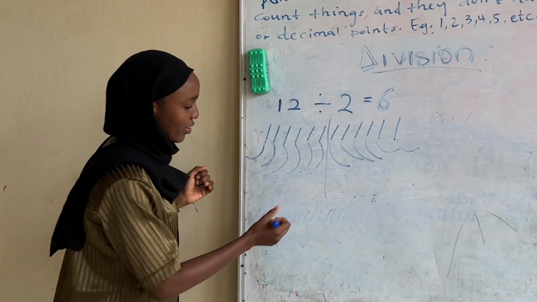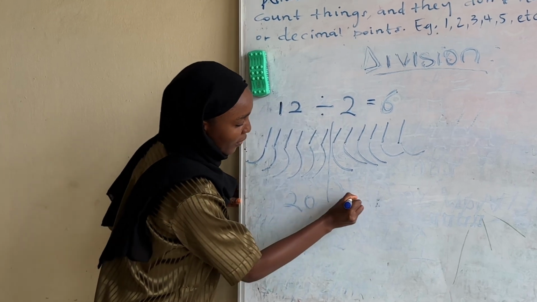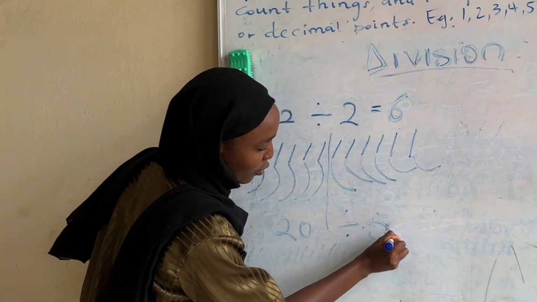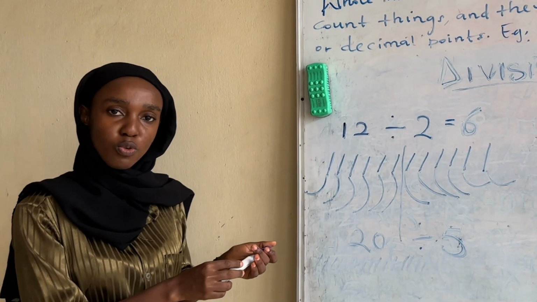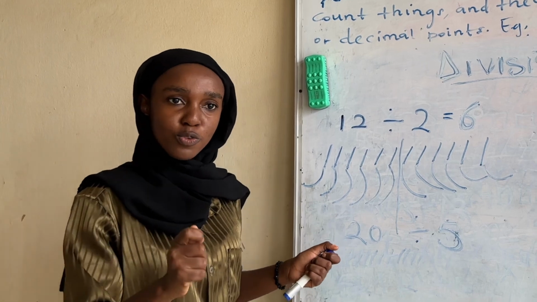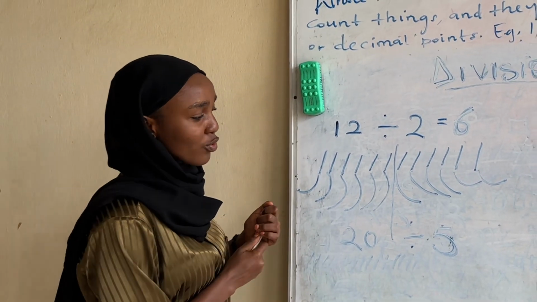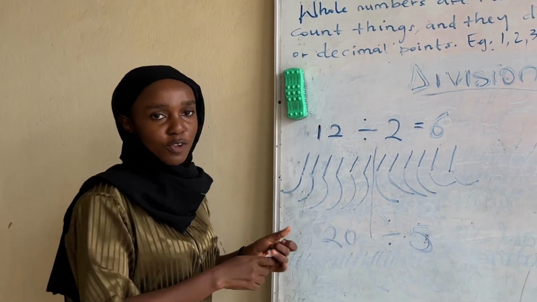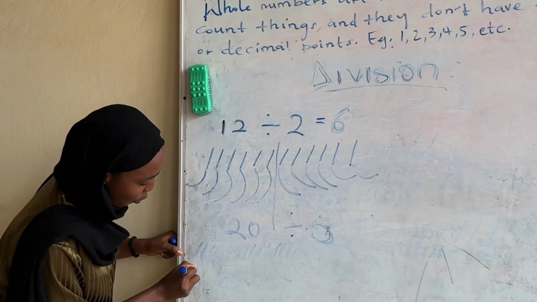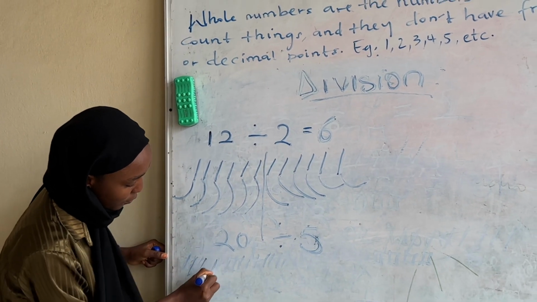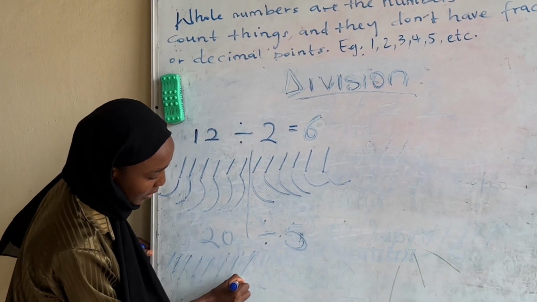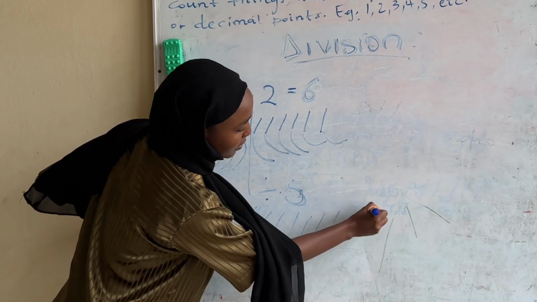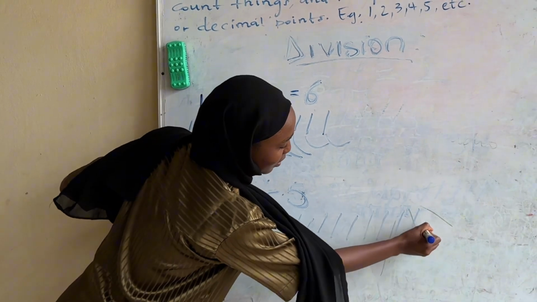Our next example is 20 divided by 5. So if you have 20 strokes, the teacher has 20 strokes to give each student. The students that are going to receive it will receive equal strokes from the 20. So let's use strokes as an example. 1, 2, 3, 4, 5, 6, 7, 8, 9, 10, 11, 12, 13, 14, 15, 16, 17, 18, 19, 20.